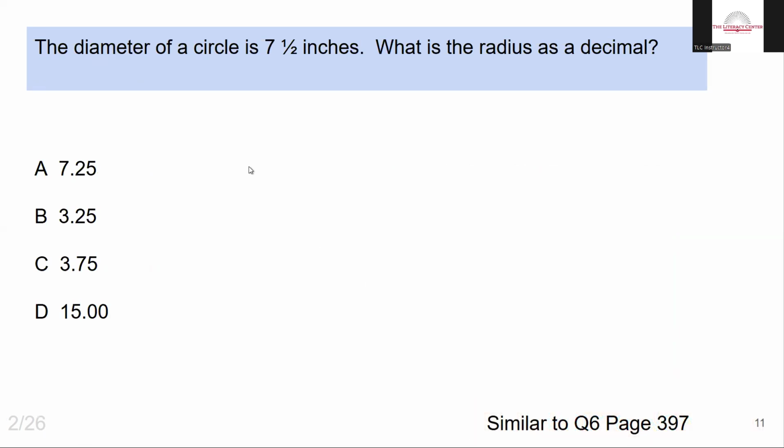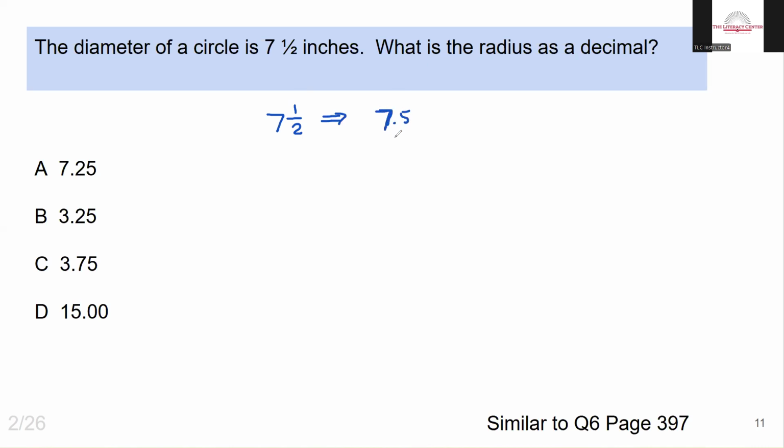All right, we're back. So if the diameter is given, we want to divide the diameter by 2. Now, this is an example where we're given a fraction and we're asked for a decimal. So we might as well convert this fraction to a decimal before we even divide.